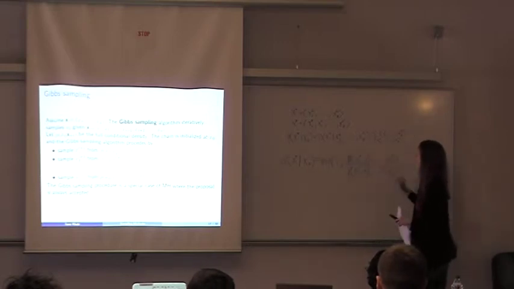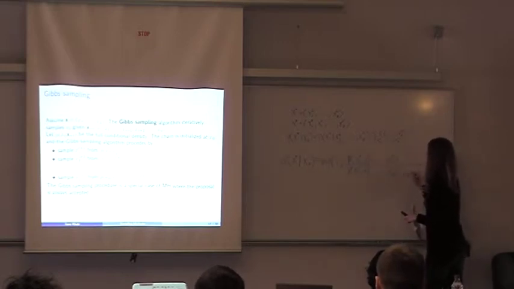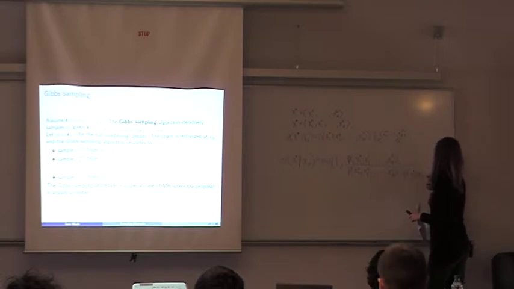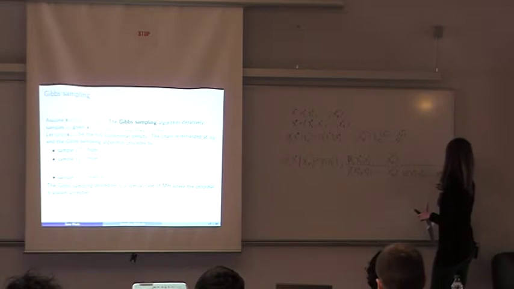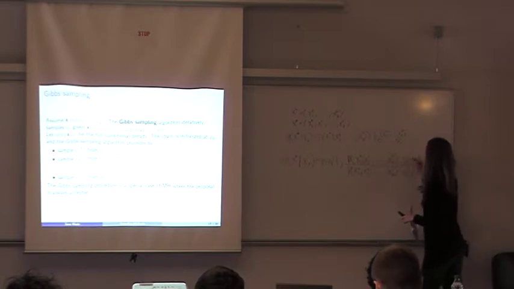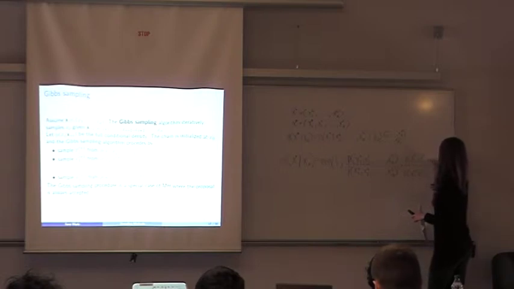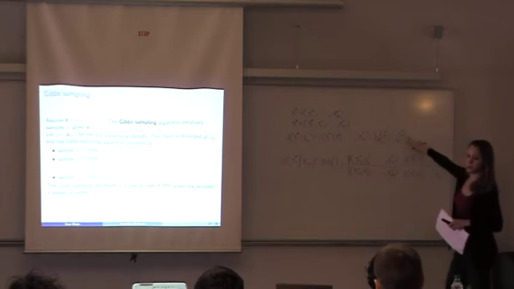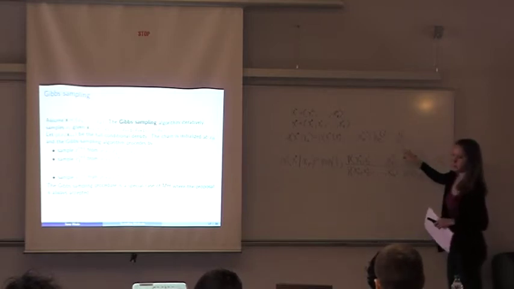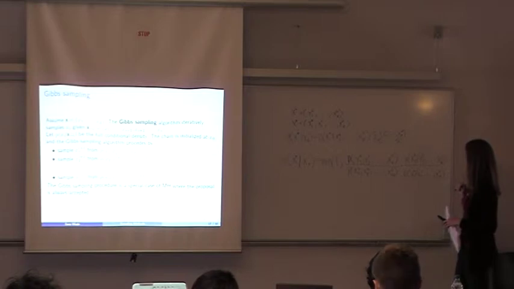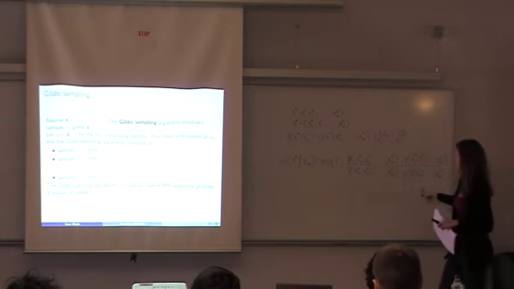So we have this one on the bottom, and on the top, we don't need these indicators because we've set these equal to the current state. So you can see that in this case things cancel out, so that this is 1 and we always accept.